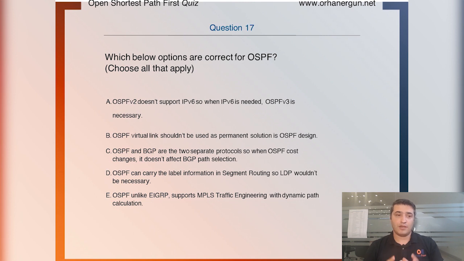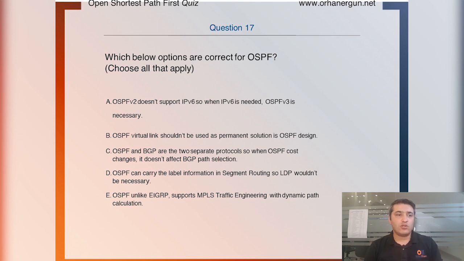For IPv6 support, we need OSPF version 3. But once we have OSPF version 3, we can support both IPv6 as well as IPv4. With version 2, only IPv4. So option A is correct.